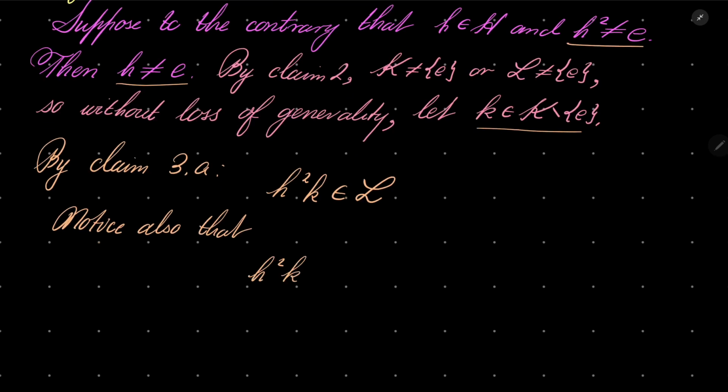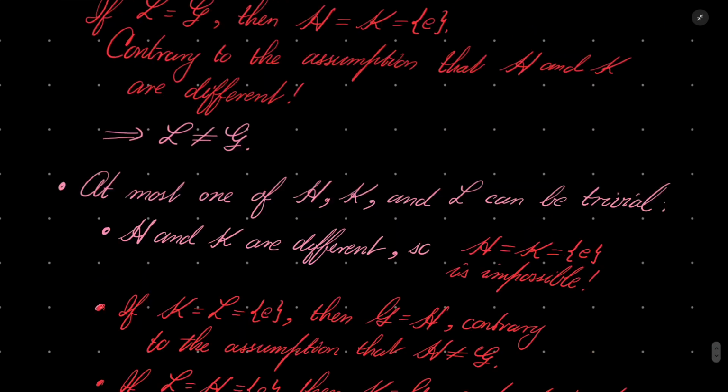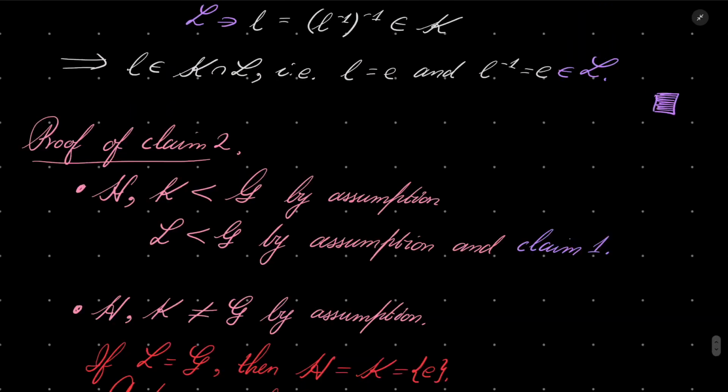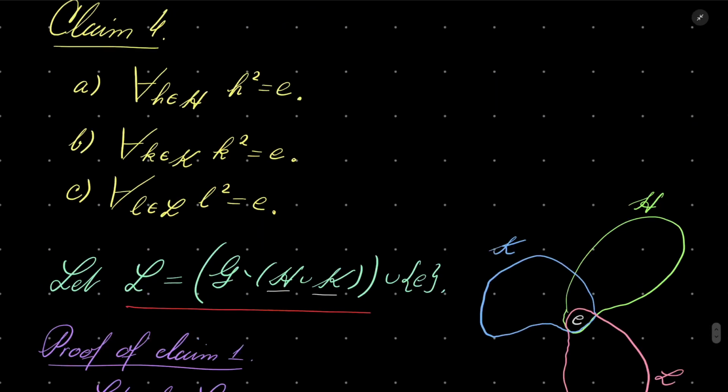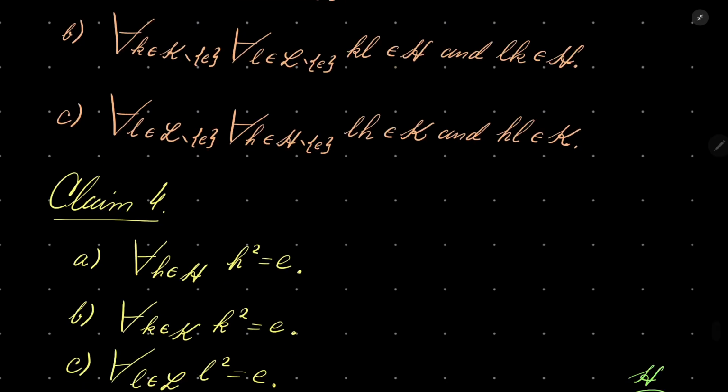H squared K, it's H times HK, and now this is in L again, this is in H. And by claim 3.c, I believe, I have an element of H and an element of L. Let's go back. Yes, I have an element of H, an element of L. Their product lands in K.